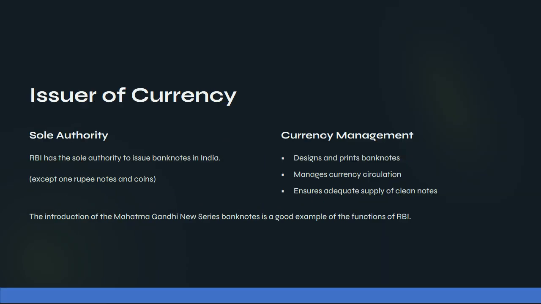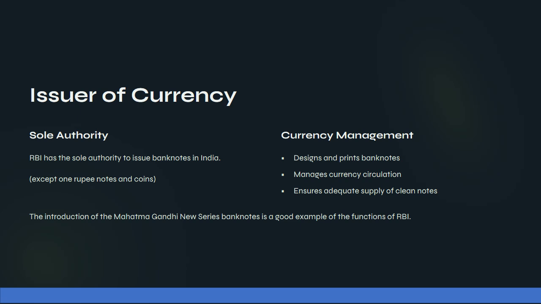Issuer of currency. It is very simple and known to us that the RBI is the only issuer of currency. It is the sole authority to issue banknotes in India, except 1 rupee notes and coins. Currency management is also another important aspect governed by the RBI, wherein it designs and prints banknotes at regular intervals, keeping in mind the circulation of currency in the economy, and manages currency circulation.